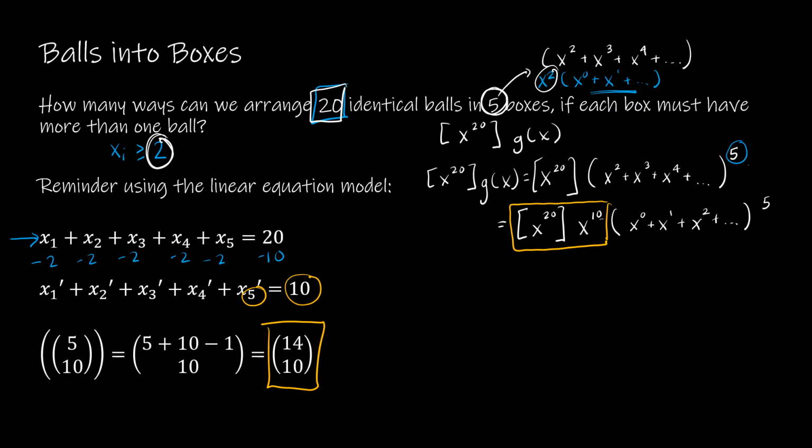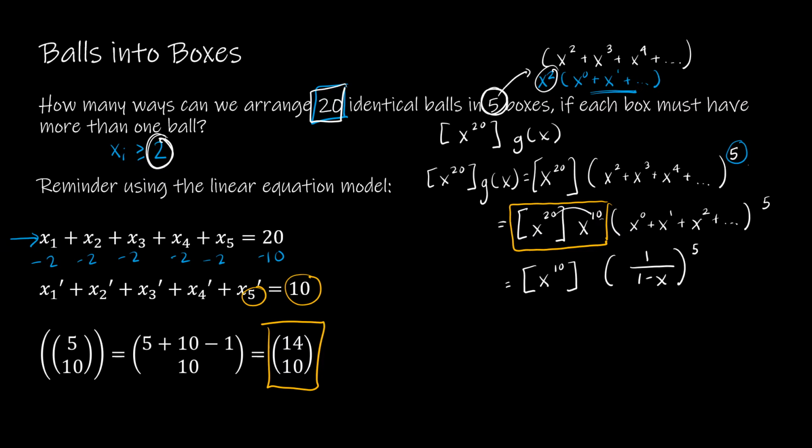That means what I'm going to be left with here is 20 minus 10, or x to the 10th, and then what I have left over here is still x^0, x^1, and so on. But x^0, x^1, and so on, recall, is the fundamental identity. This is 1 over 1 minus x, to the 5th.